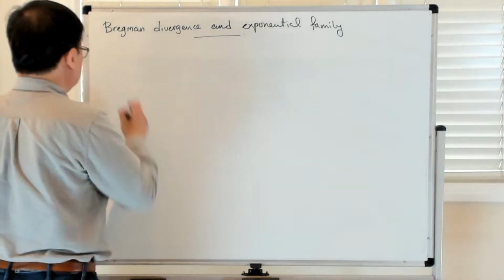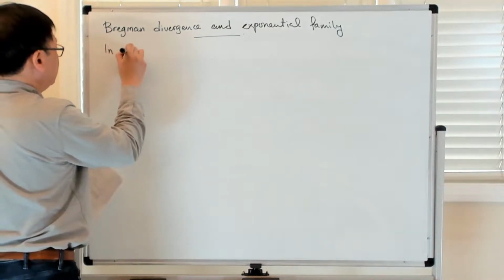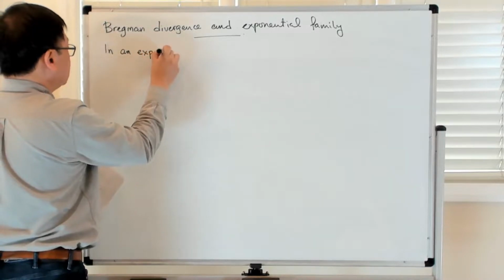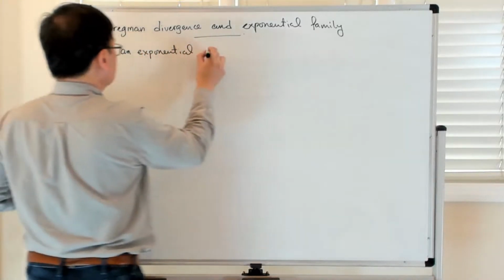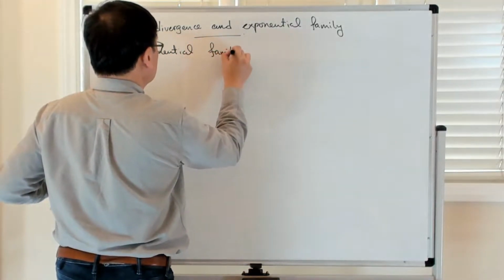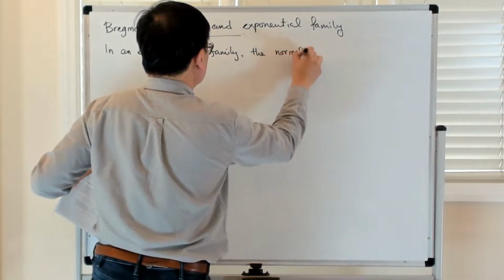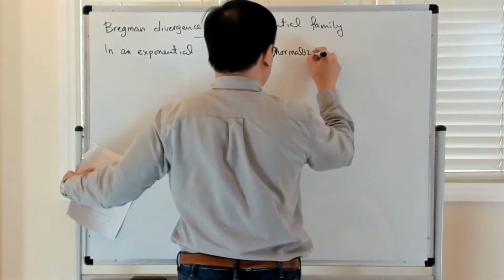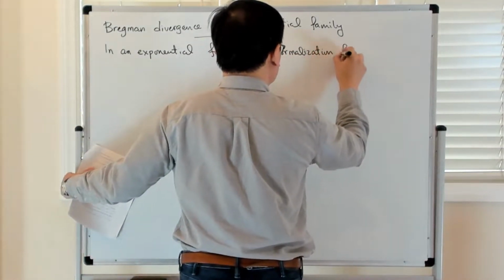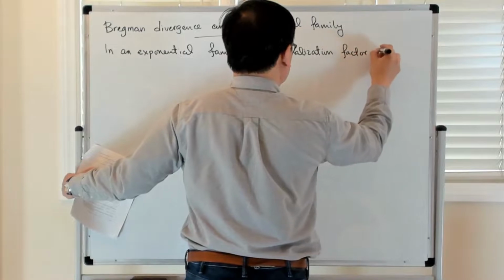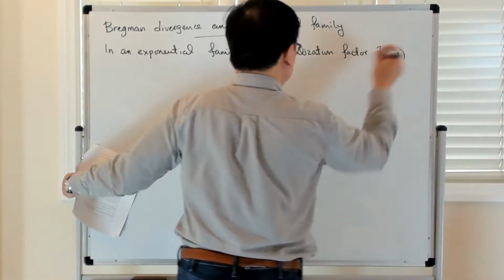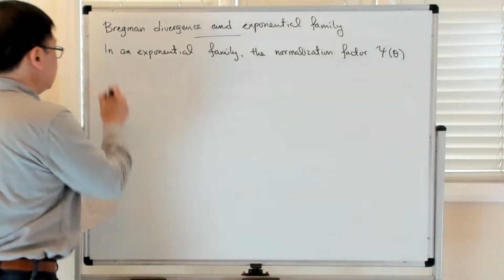So in an exponential family, the normalization factor phi of theta is convex.